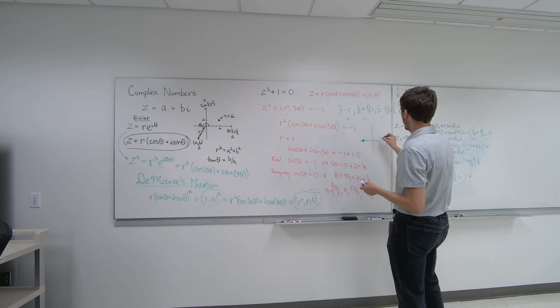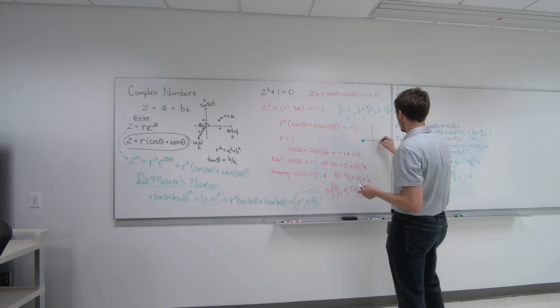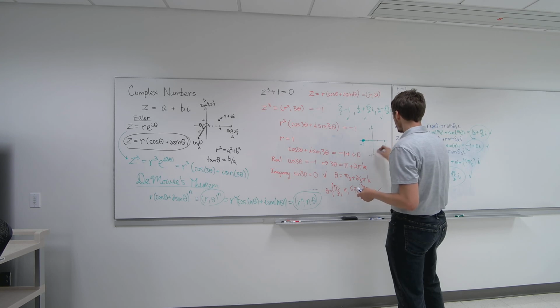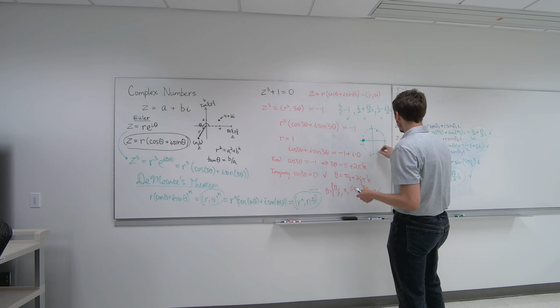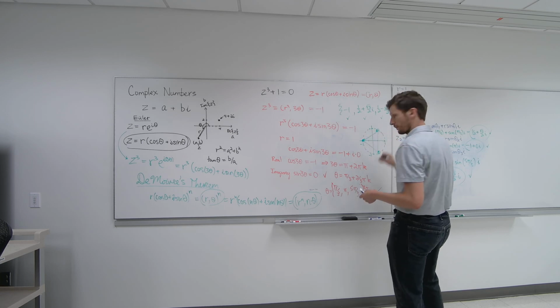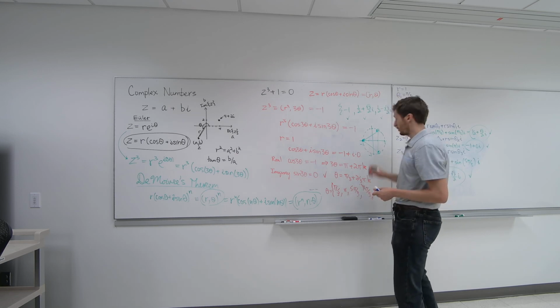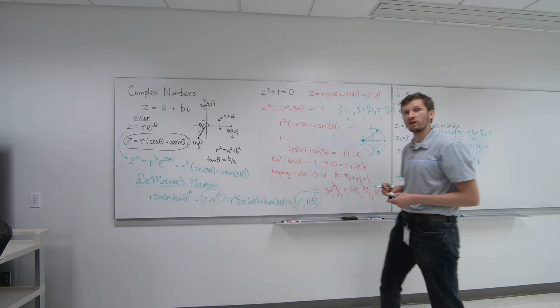If I go half, and then root 3 over 2 up or root 3 over 2 down, I get these points. If I have the unit circle, all of these points make an equilateral triangle on the unit circle. These are points of unity.